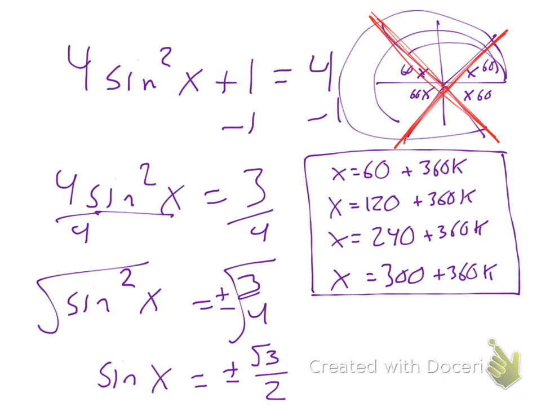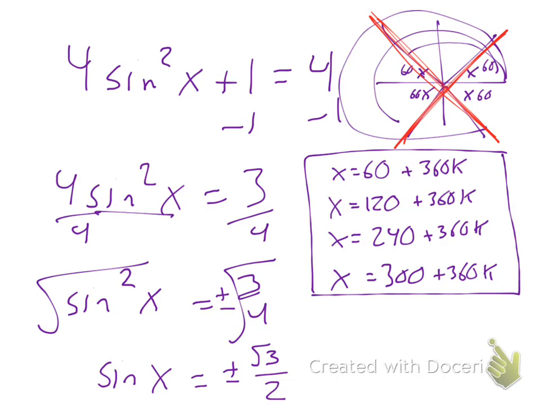What's the difference between those? If I started at 60 and went to that 240, what's the difference? It's 180 or pi. If I started at 120 and wanted to go to 300, it's 180 or pi if you're in radians, right?